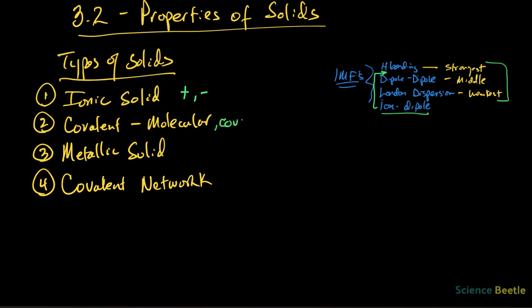The solids on the metallic side, remember these were characterized by the formation of alloys. The two main types of alloys that we looked at here were substitutional, and the other one was interstitial.